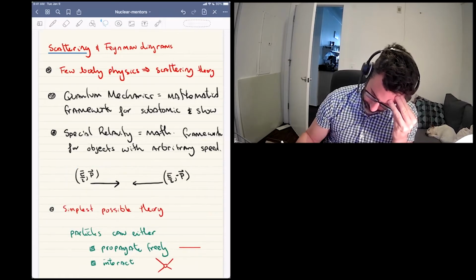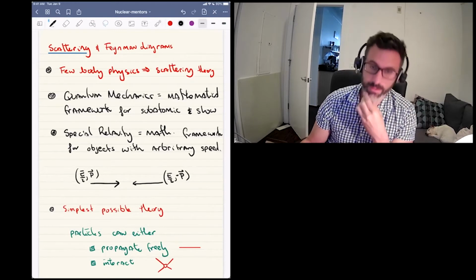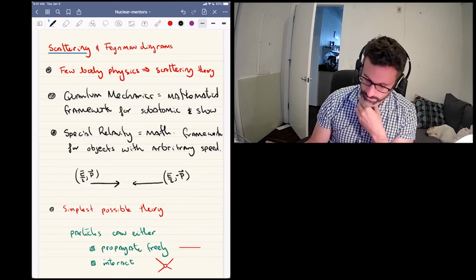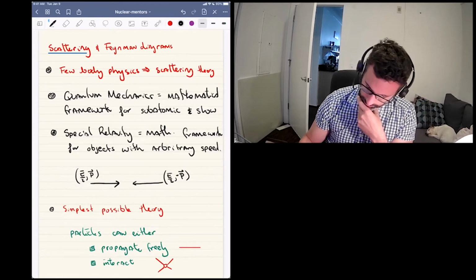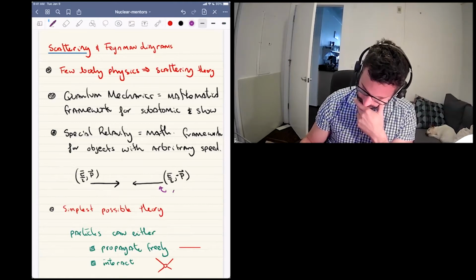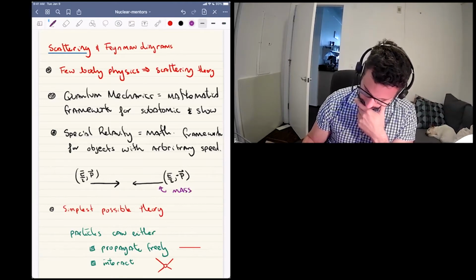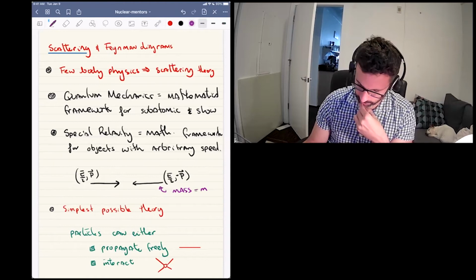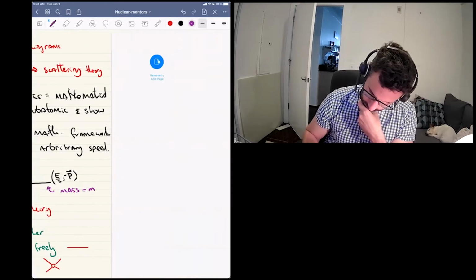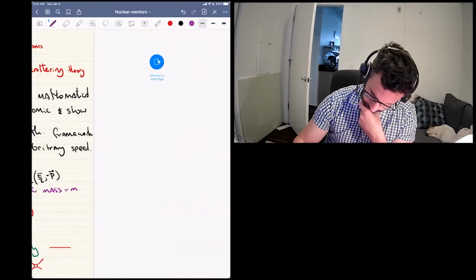So let's say I'm just going to think about some simple case where my particles have mass equal to m. Okay, so all my particles have mass equal to m. So if I move some of the stuff over here.